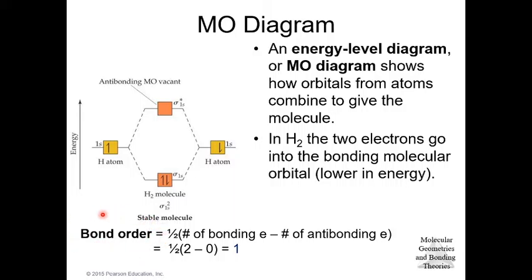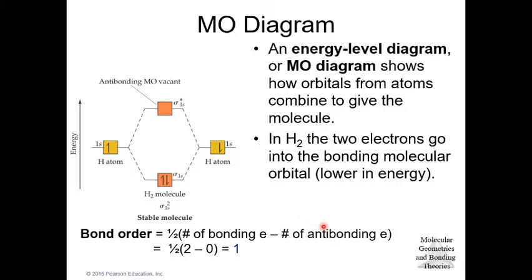We can have a bond order of 2.5 or 1.5, and this is fine. Still a stable molecule. This is not a big deal. But the way we calculate bond order is we take the number of bonding electrons, so those are my electrons in my bonding orbital, subtract off the number of anti-bonding electrons in my anti-bonding orbitals.